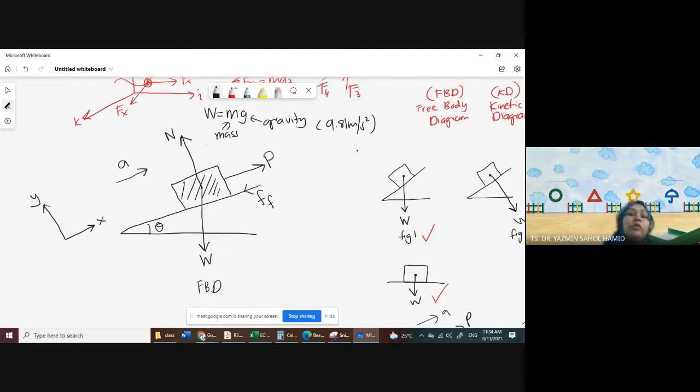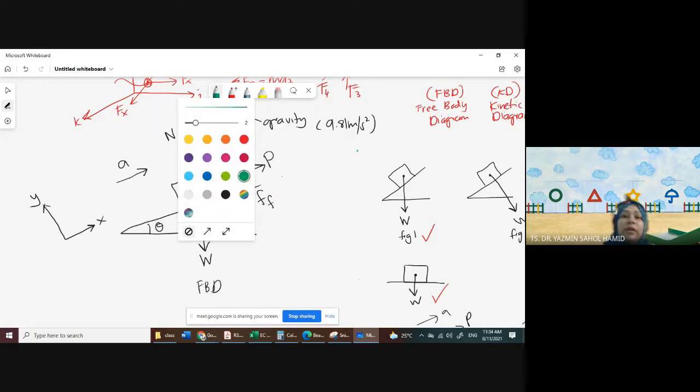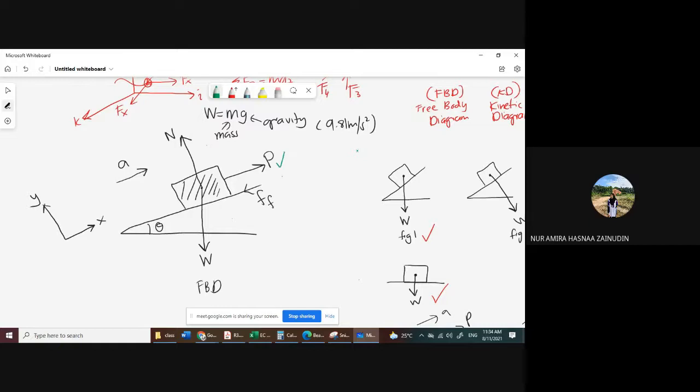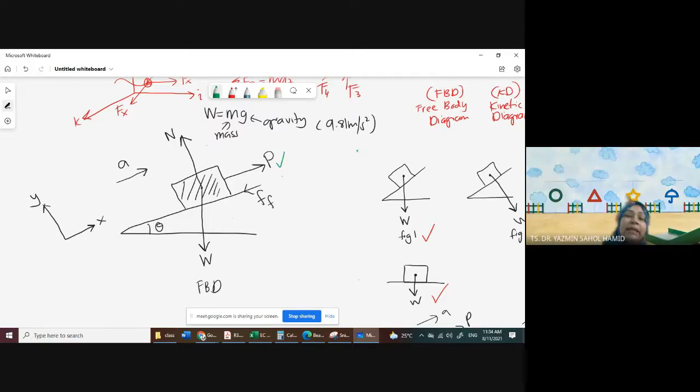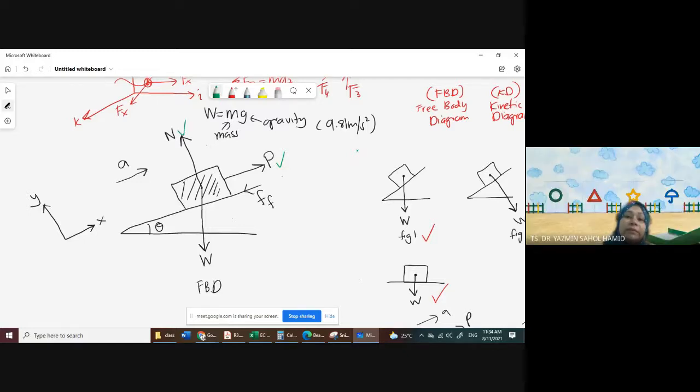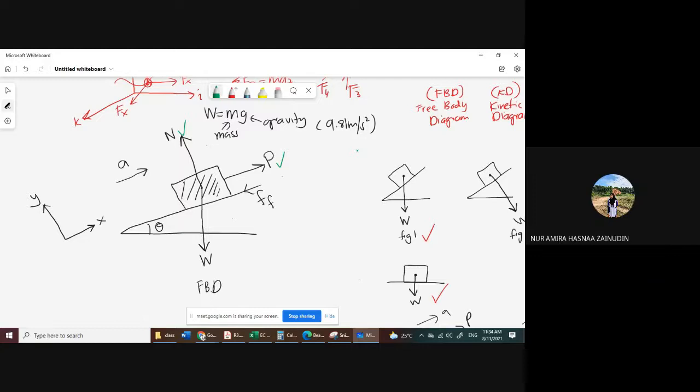What you need to do is check whether all the forces are in the direction of X and Y. So let's check. Is force P in the direction of X or Y? Yes. Is force N in the direction? Yes. How about weight? No.